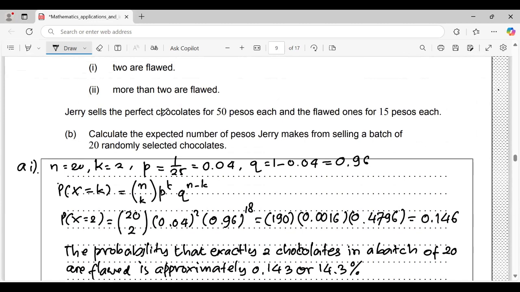Jerry sells the perfect chocolate for 50 pesos each, and the flawed ones for 15 pesos each. Calculate the expected number of pesos Jerry makes from selling a batch of 20 randomly selected chocolates. Okay.